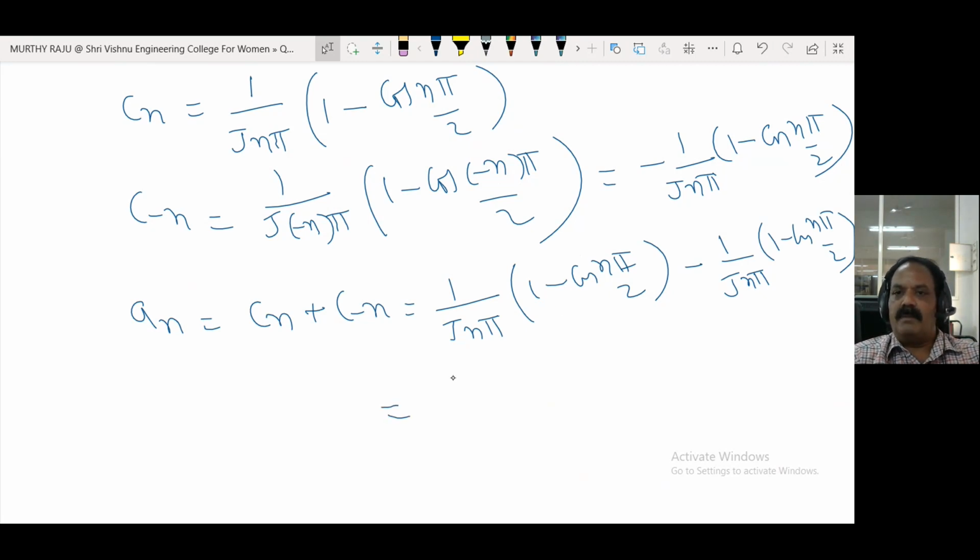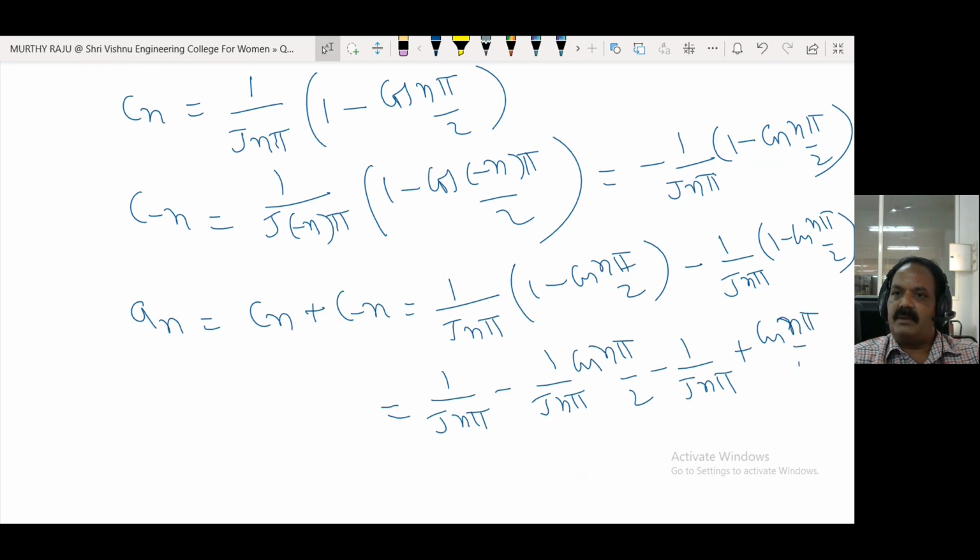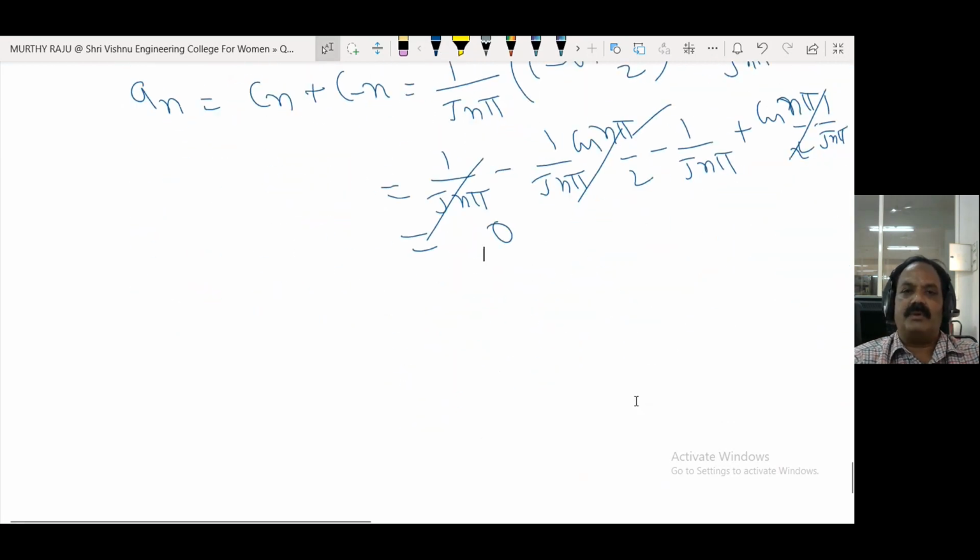This gives 1 by j n pi minus 1 by j n pi cos n pi by 2, minus 1 by j n pi plus 1 by j n pi cos n pi by 2. These cancel. Therefore, An is 0. Already we proved C naught is 0, that is, from the relation C naught is equal to A naught, that is 0. Now calculate Bn.